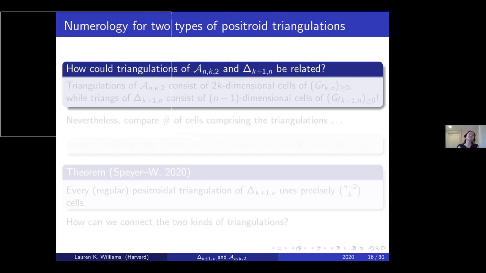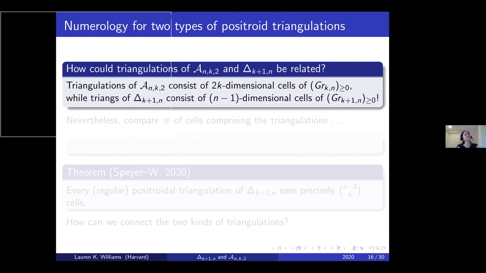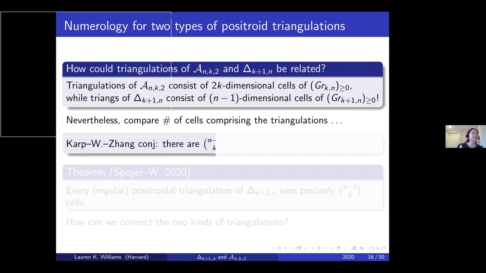Okay. All right, so how could these triangulations be related? Of course, the triangulations of the amplituhedron are 2k-dimensional cells, while triangulations of the hypersimplex are (n-1)-dimensional cells. But nevertheless, we can compare the number of cells that we expect to comprise a triangulation.